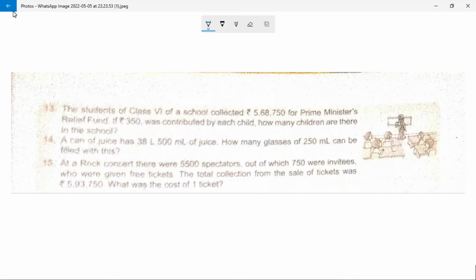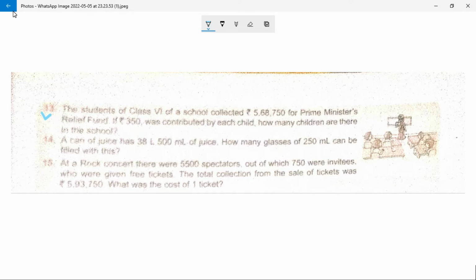The next question we will solve is question number 13. The question is, the students of class 6 of a school collected rupees 5,68,750 for the Prime Minister's Relief Fund. If 350 was contributed by each child, how many children are there in the school? We just need to divide.